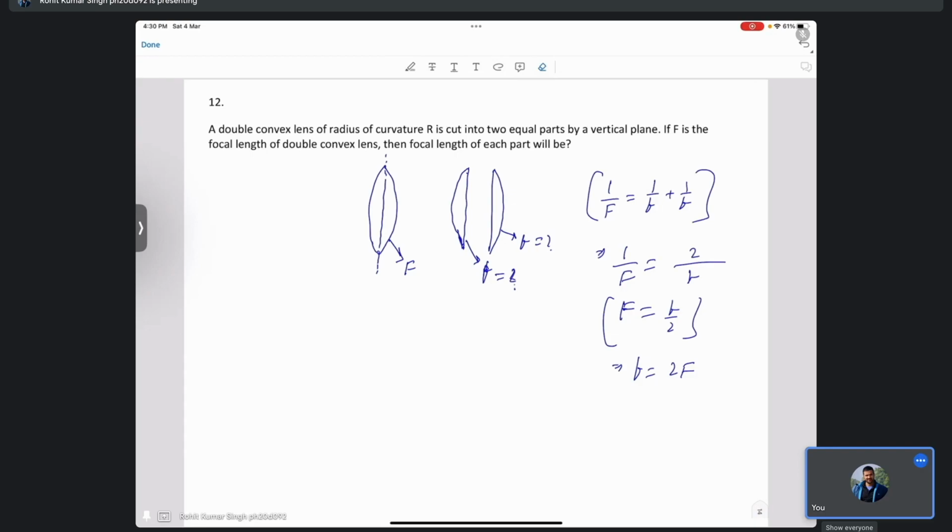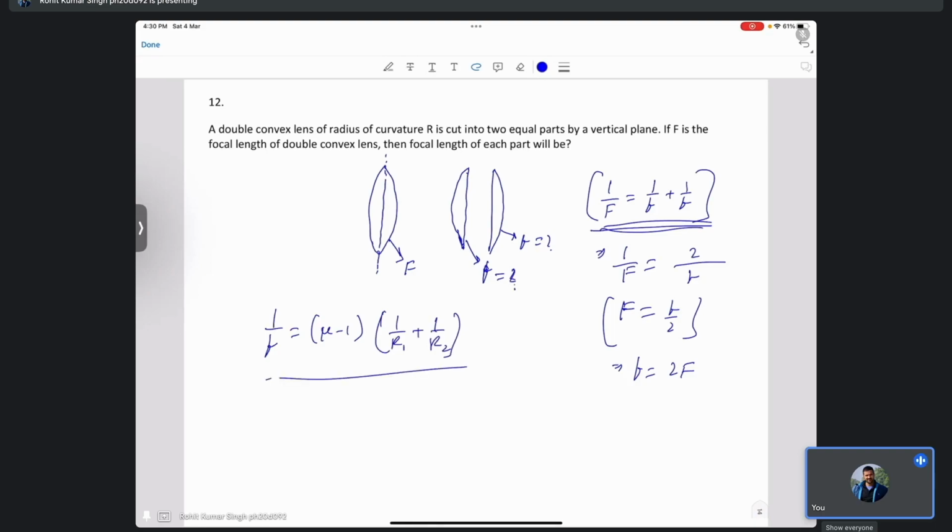To confirm it, you can solve this using the lens maker formula, given by 1 by f equal to mu minus 1 times 1 by r1 plus 1 by r2, right?